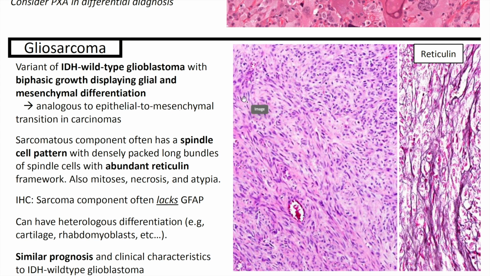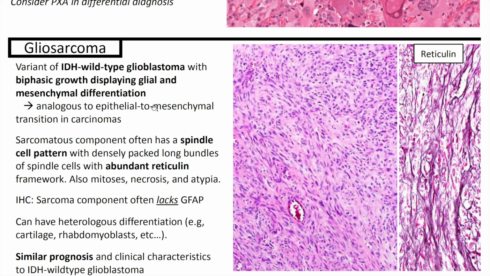So we've got gliosarcoma up next. A gliosarcoma is a variant of IDH wild type glioblastoma with biphasic growth displaying glial and mesenchymal differentiation. It's analogous to epithelial to mesenchymal transition in carcinomas. And there's going to be a sarcomatous component, which often has a spindle cell pattern with densely packed long bundles of spindle cells with abundant reticulin framework.